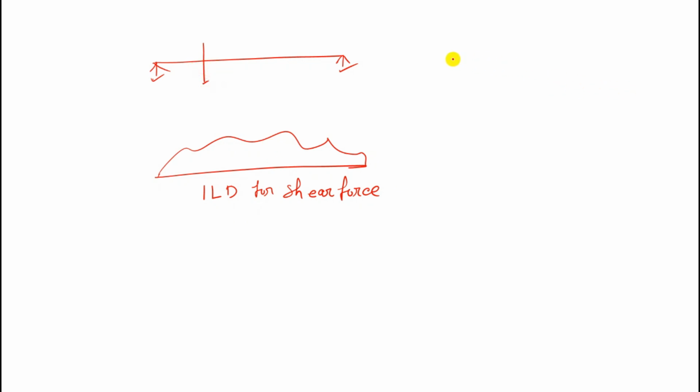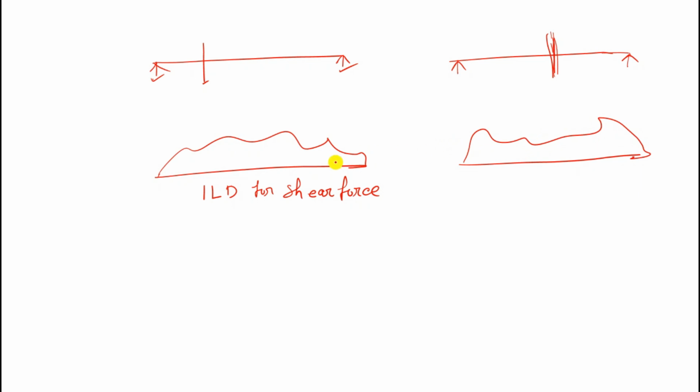Okay, suppose you have another section. Suppose for the same problem, you have another section. The section is at this position. Now the diagram is not exactly the same as the previous one. The diagram will be different. So this is the diagram maybe. Okay, so these two diagrams are totally different.